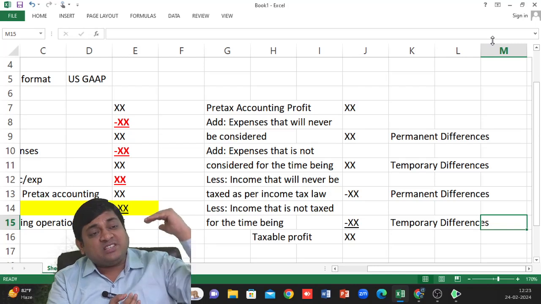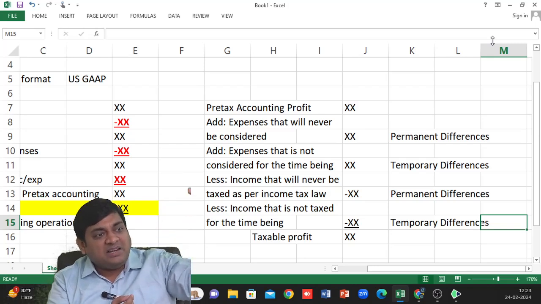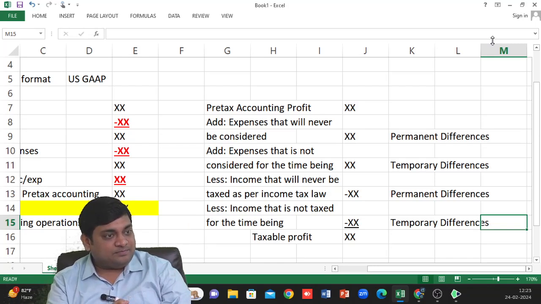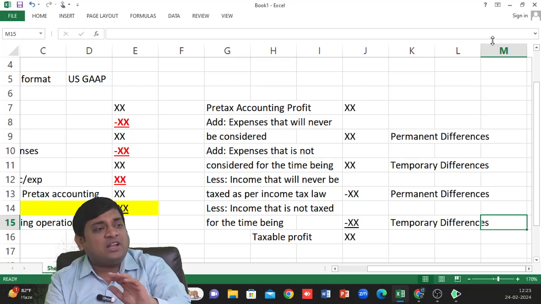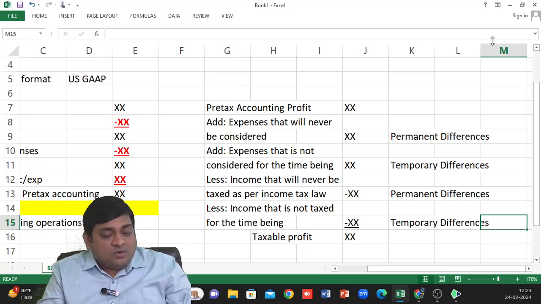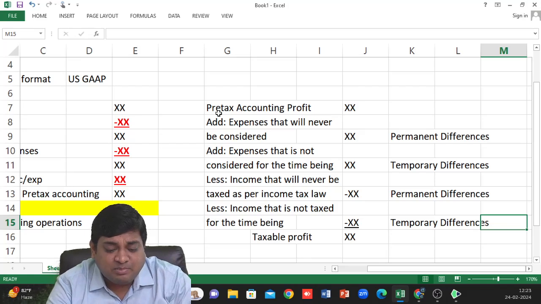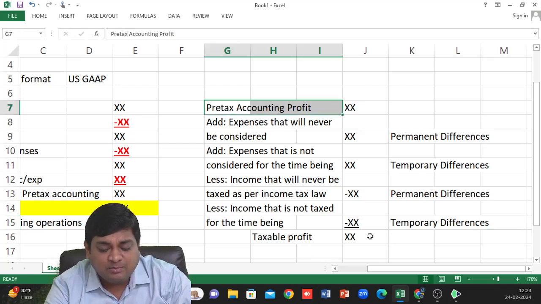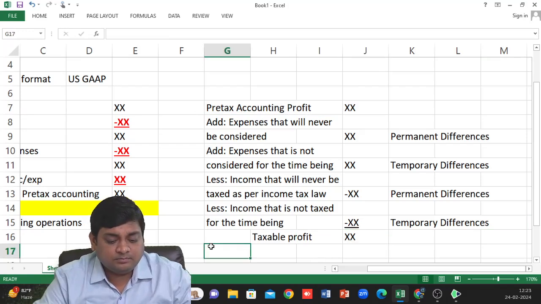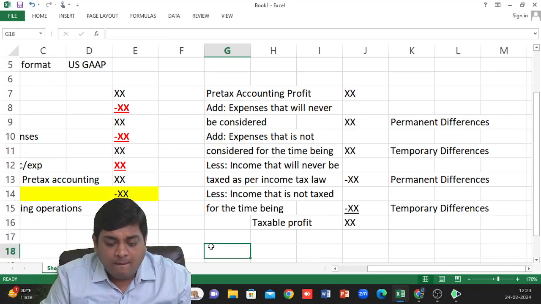So the expense which is considered in the P&L means pre-tax accounting profit is lower, so now increase it, either permanently or for the time being. Anyway, this is not considered this year, add back. Income which is not considered, subtract. So when I do a lot of adjustments with this pre-tax accounting profit, I get my taxable profit. Yes or no?